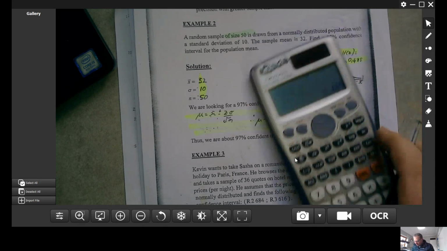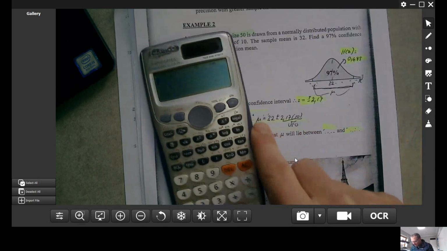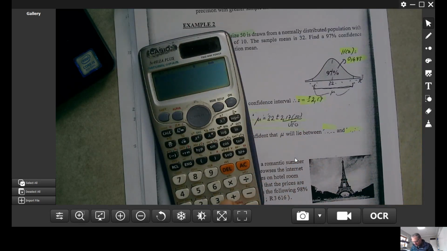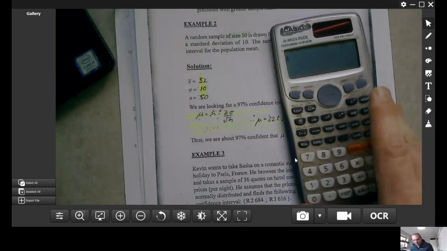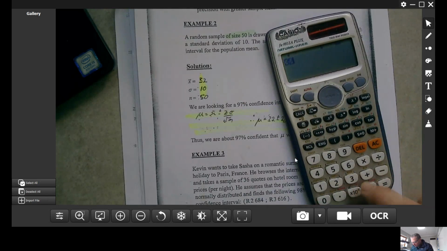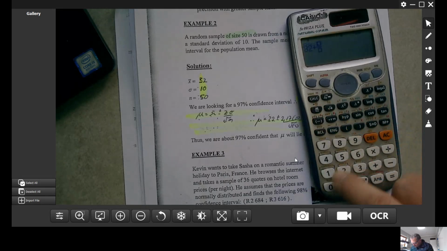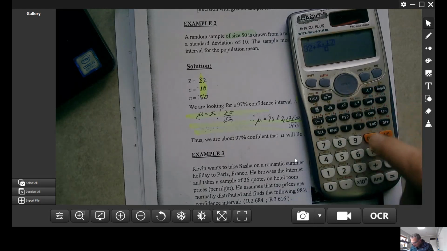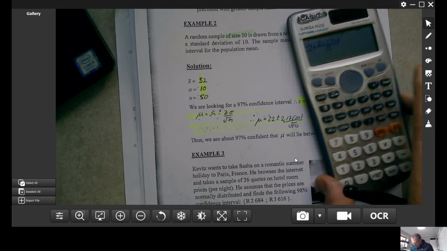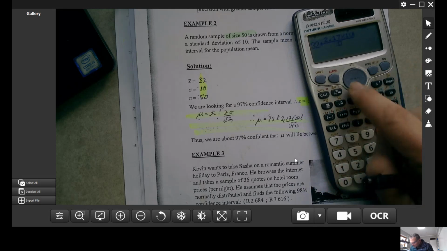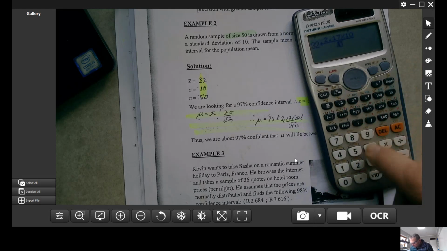In my calculator, remember you always push for time, so you go 32 plus 2.17 times 10 over the square root of 50.